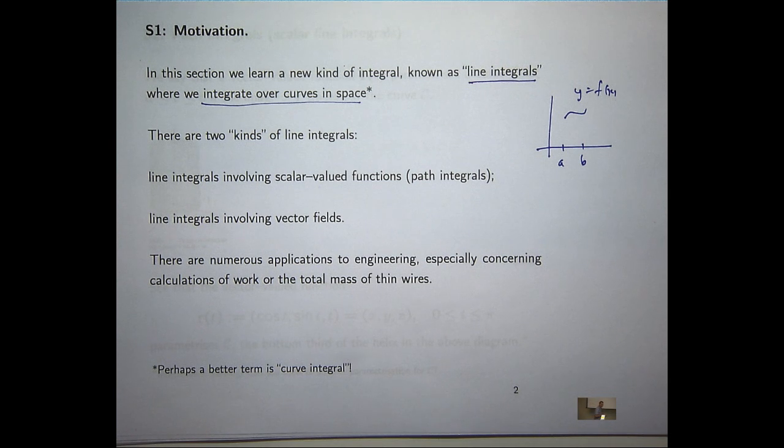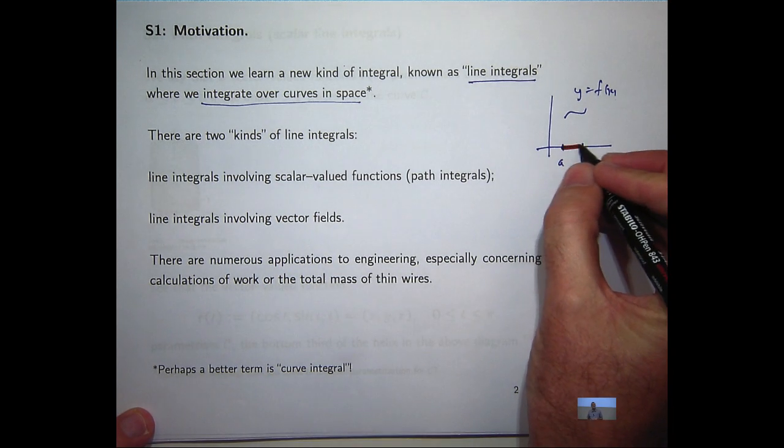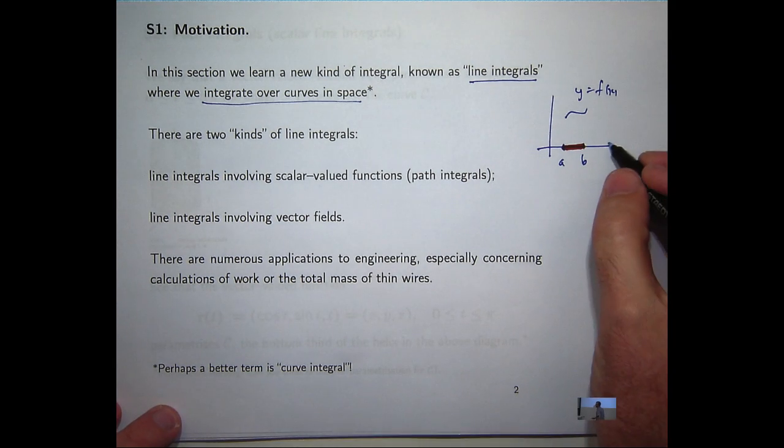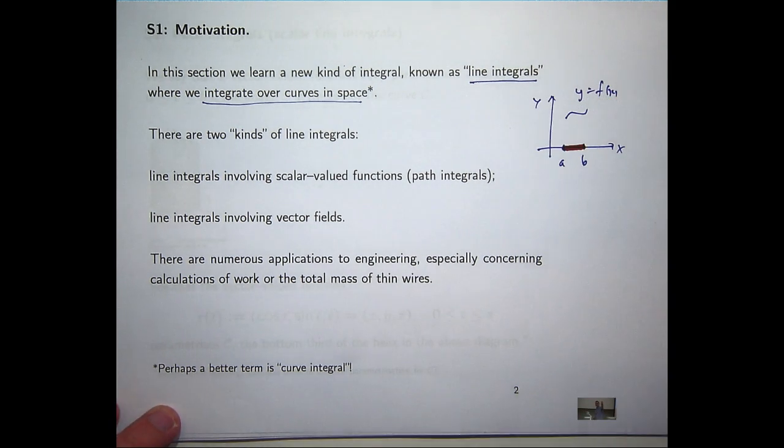Now there are two kinds of line integrals. What you already know involves integration over this little line segment, and that line segment lies in the x-axis. Today's lecture is all about so-called path integrals.